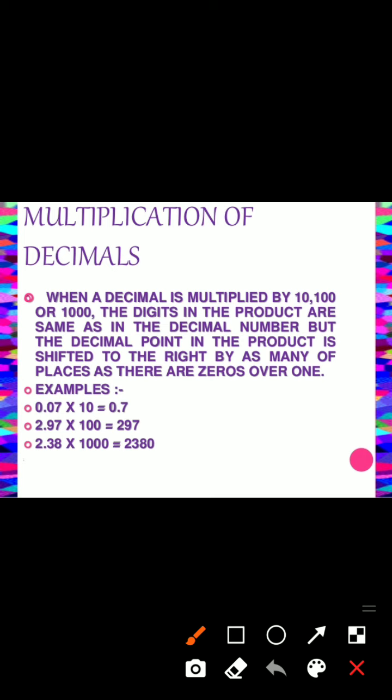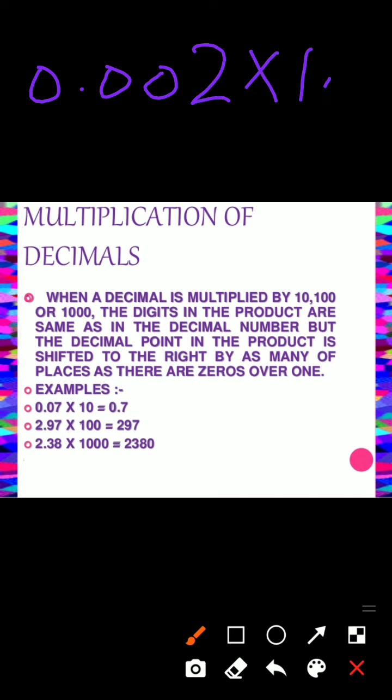Okay, one more example I want to tell you. 0.002 is here and you need to multiply by 100. How many zeros? 2 zeros are here, so the decimal will shift right-hand side 2 places. 1 place, 2 places. So your decimal will be here.